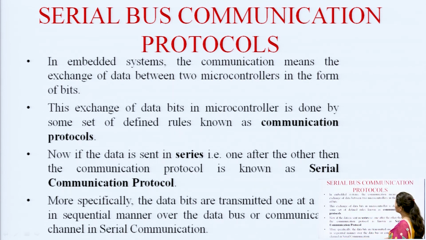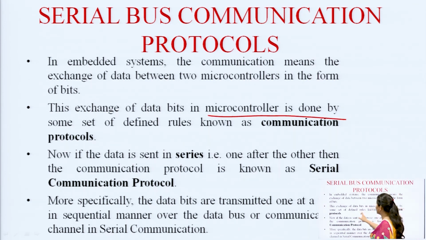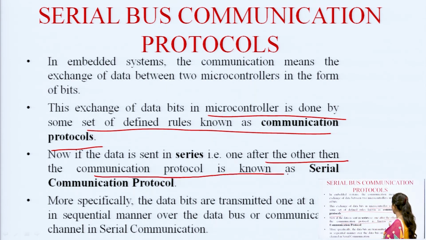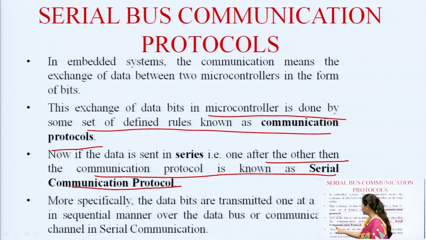When we talk about serial bus communication protocols, these sets of rules are defined for serial transmission. The exchange of data bits in a microcontroller is done by some set of defined rules known as communication protocols, and if the data is sent in series, that is one after the other, then the communication protocol is known as a serial communication protocol.